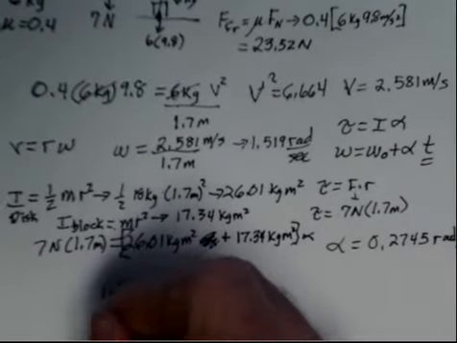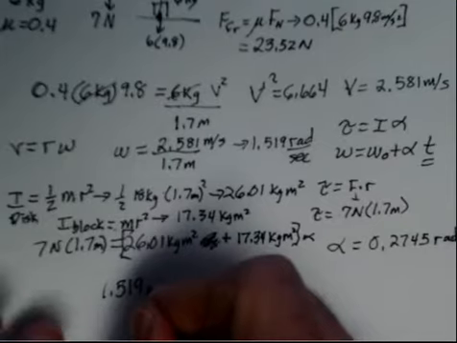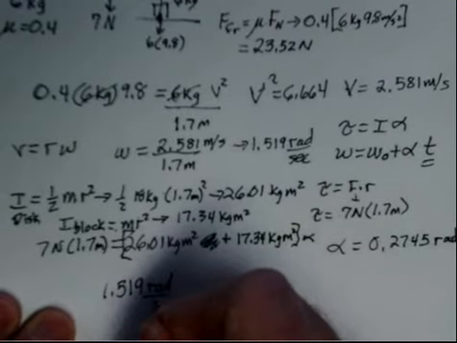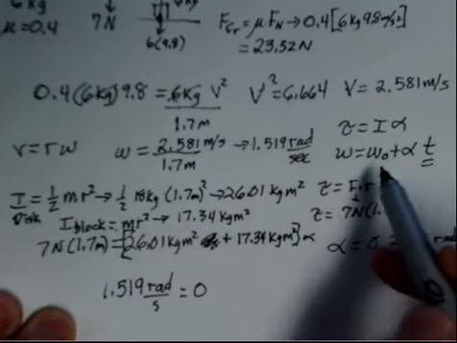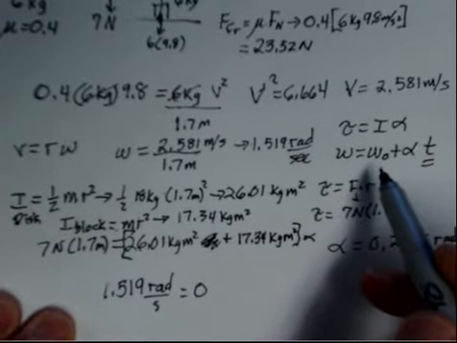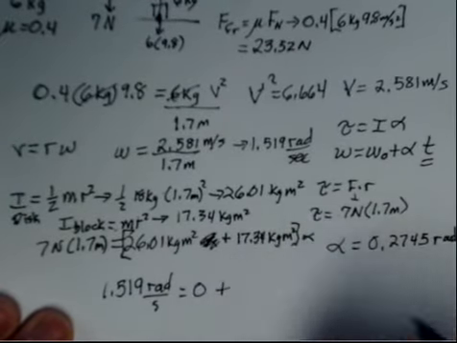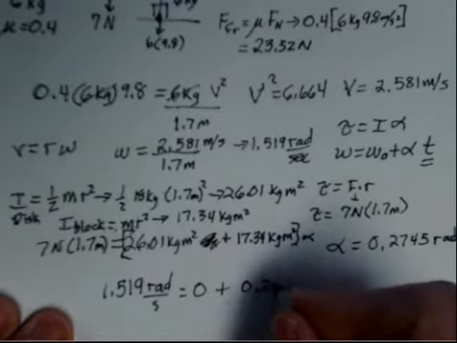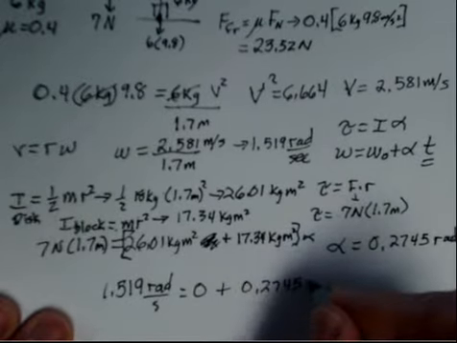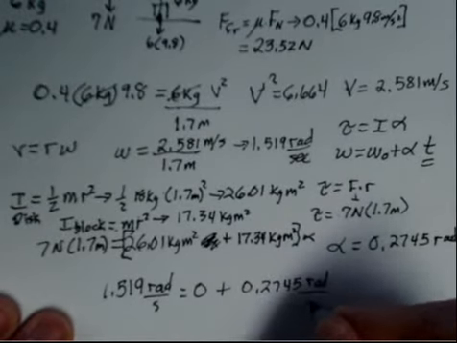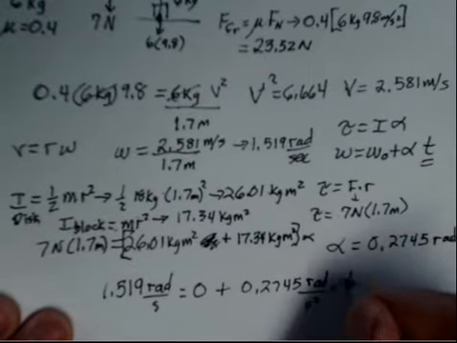So 1.519 radian per second equals 0 for our starting angular speed, plus 0.2745 radian per second squared multiplied by time.